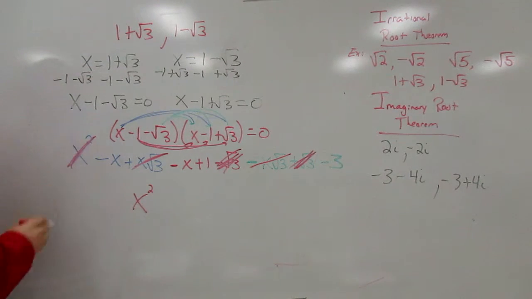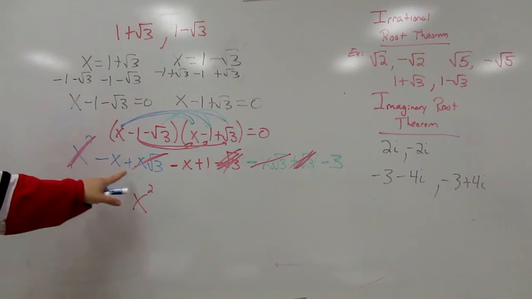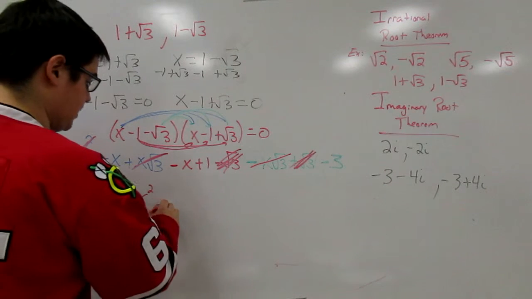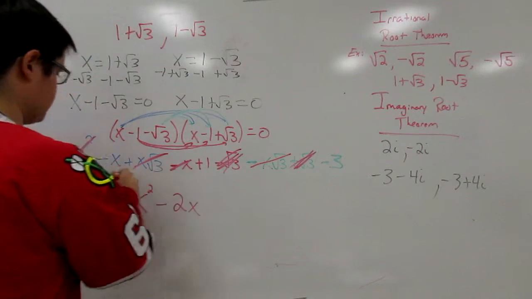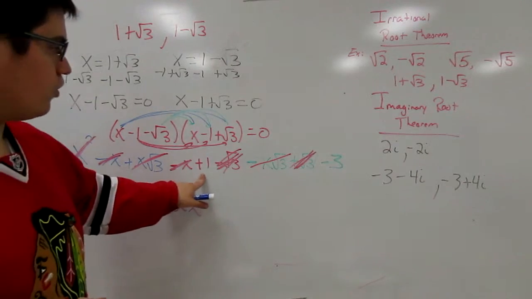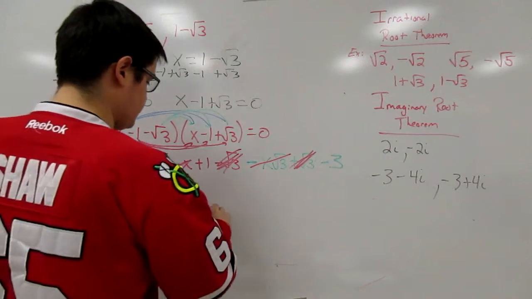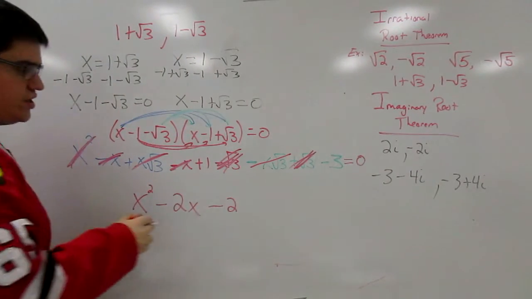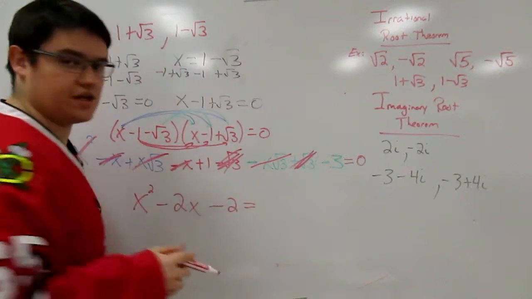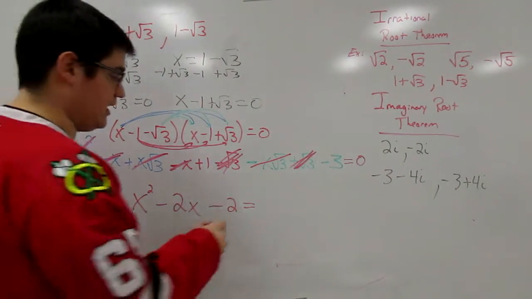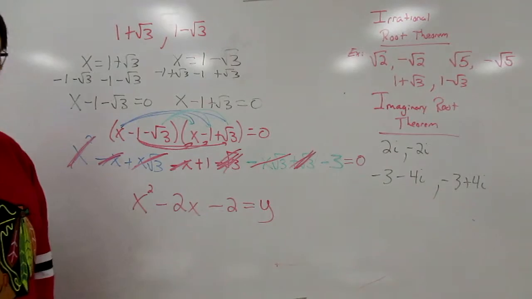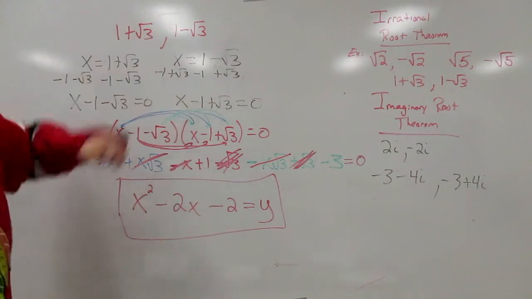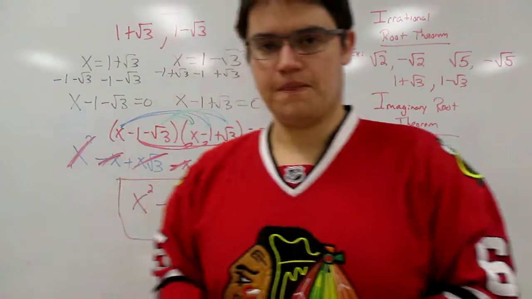Then we have a minus x, so negative x minus x is minus 2x. 1 minus 3 is negative 2. And this was all equal to 0. And then the last step, we would have had it equal to y, so we can just put the y back. And here's our equation that's going to produce roots at those two.